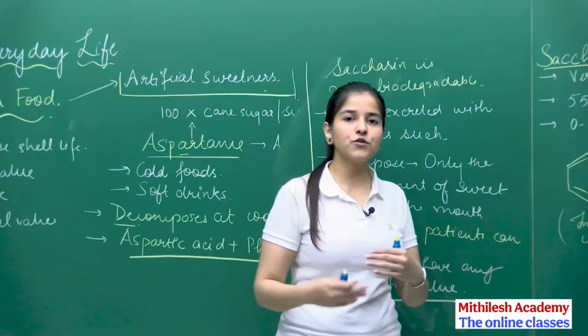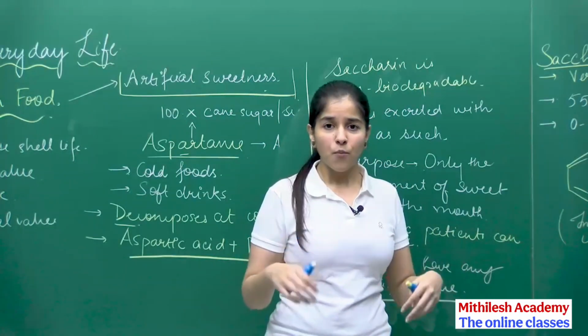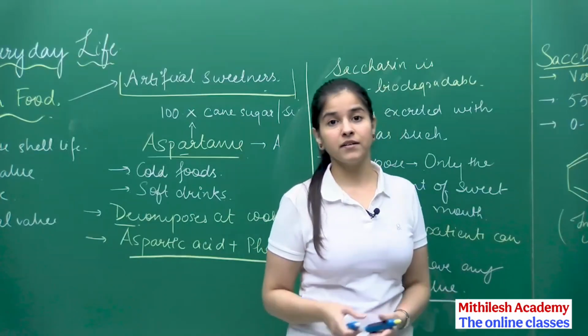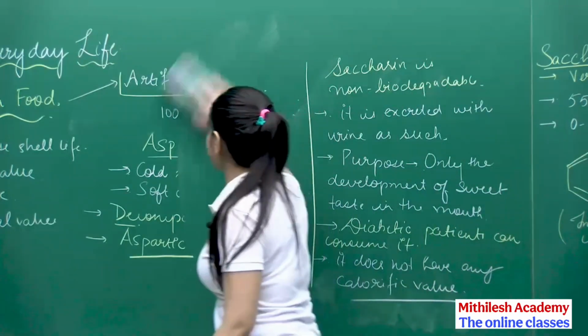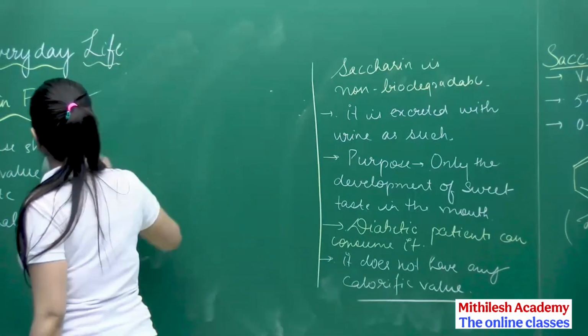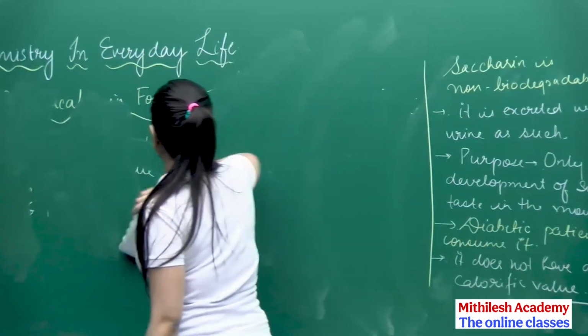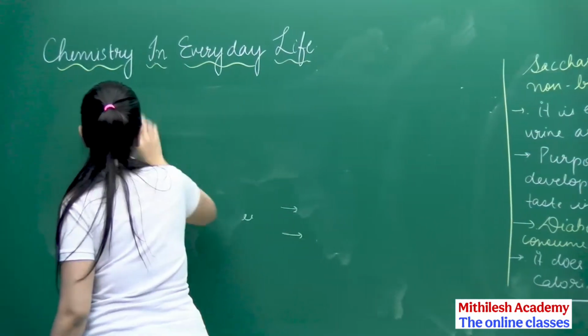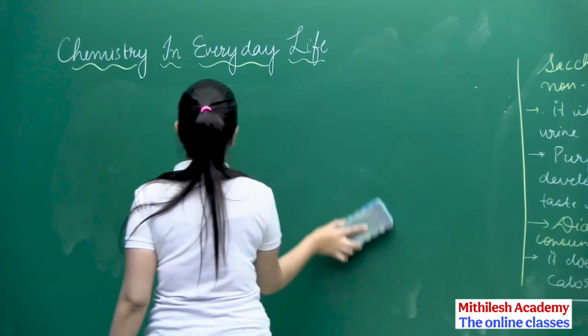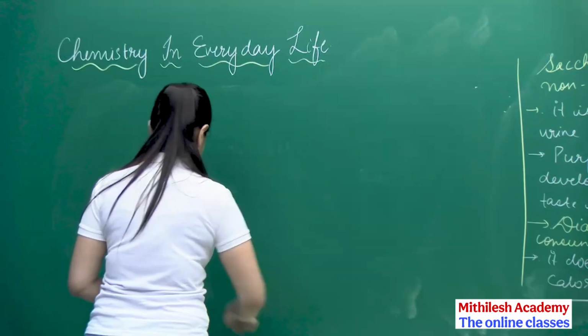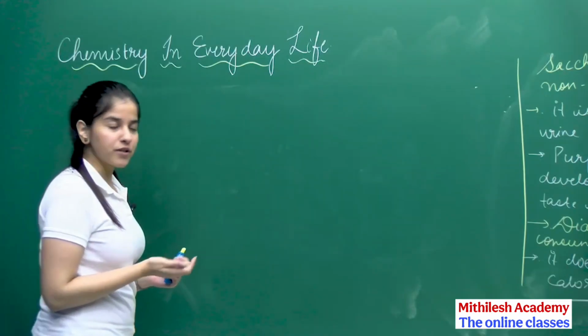Now let's move on one step ahead. More sweet, what can it be? The more sweetening agent here is sucralose. Yes, I hope you all have heard about sucralose. If not, we are just going to discuss it. So what is actually sucralose?